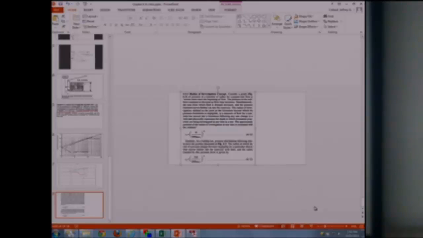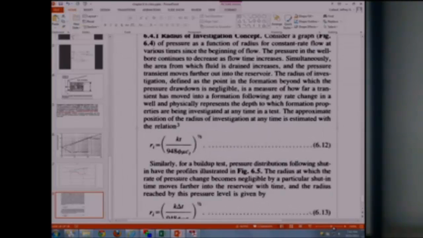I have to cut this in half. That's pretty readable, isn't it? As we produce the well, the area from which fluid is drained increases.